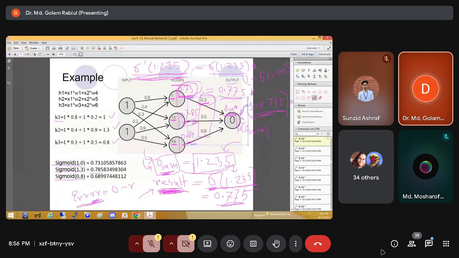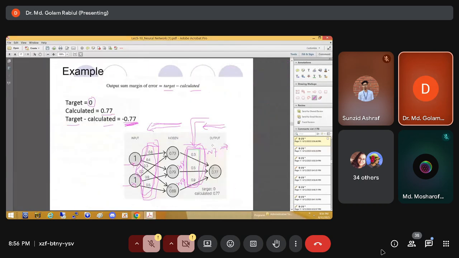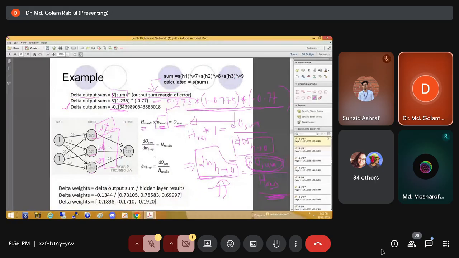So we have to divide the delta output sum by these three hidden layer results.